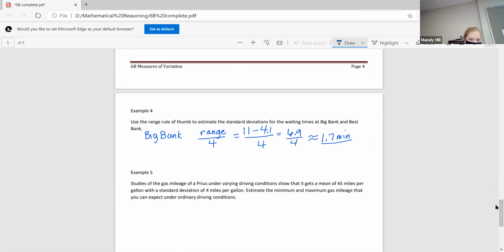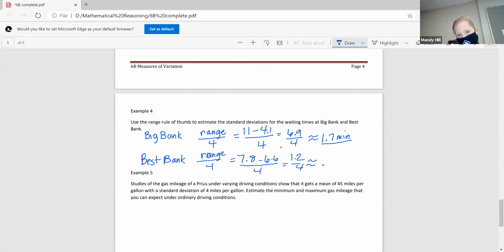So for Best Bank, we want to do the range divided by 4, and their values, we said 7.8 minus 6.6 divided by 4, which is going to give us 1.2 divided by 4, which is approximately 0.3 minutes.